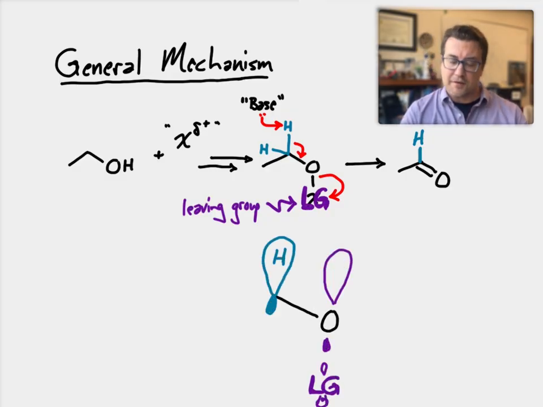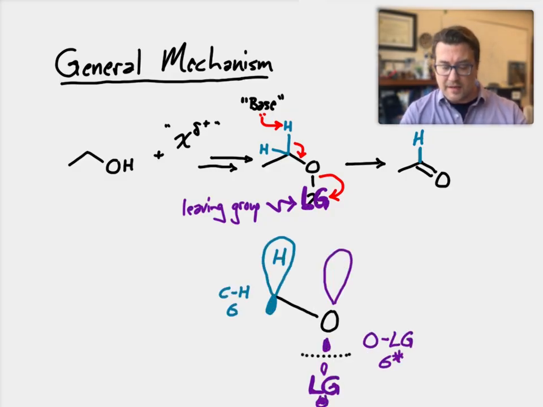Let's look at how that's occurring. You have the electrons in the carbon-hydrogen sigma bond. So that's these electrons here with this arrow, and they're interacting with the oxygen leaving group sigma star. Because these electrons are being added into the sigma star, you are breaking that oxygen leaving group sigma bond.